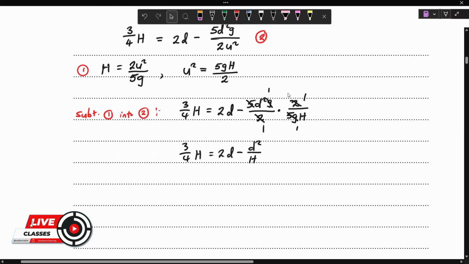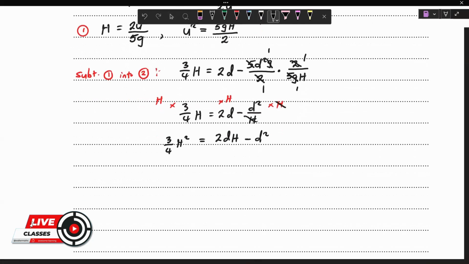Let's multiply all the terms by h. We'll have 3 quarters of h squared equal to 2dh minus d squared. I will again multiply all the terms by 4.